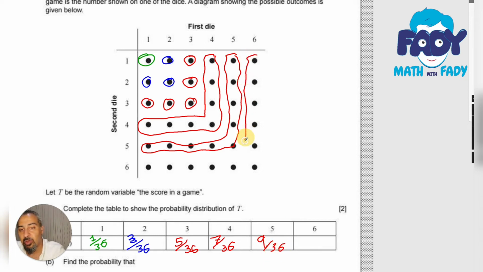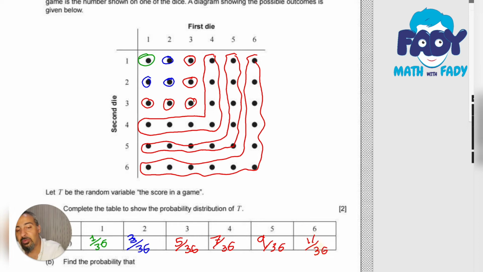Getting a score of 6, all these options, which is 11 out of 36. And of course, if we add all these probabilities, we receive a total of 1. We know the sum of all these probabilities is 1. So this is part A.